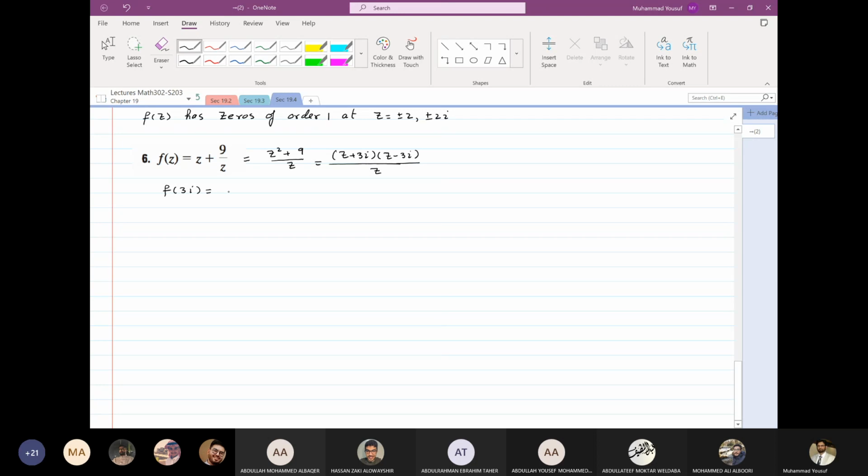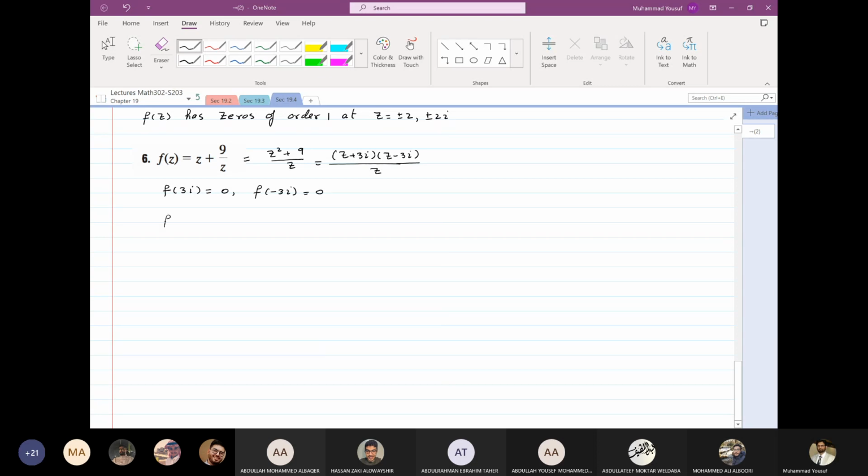Now, is this a 0 of order 1 or maybe of order more than 1?